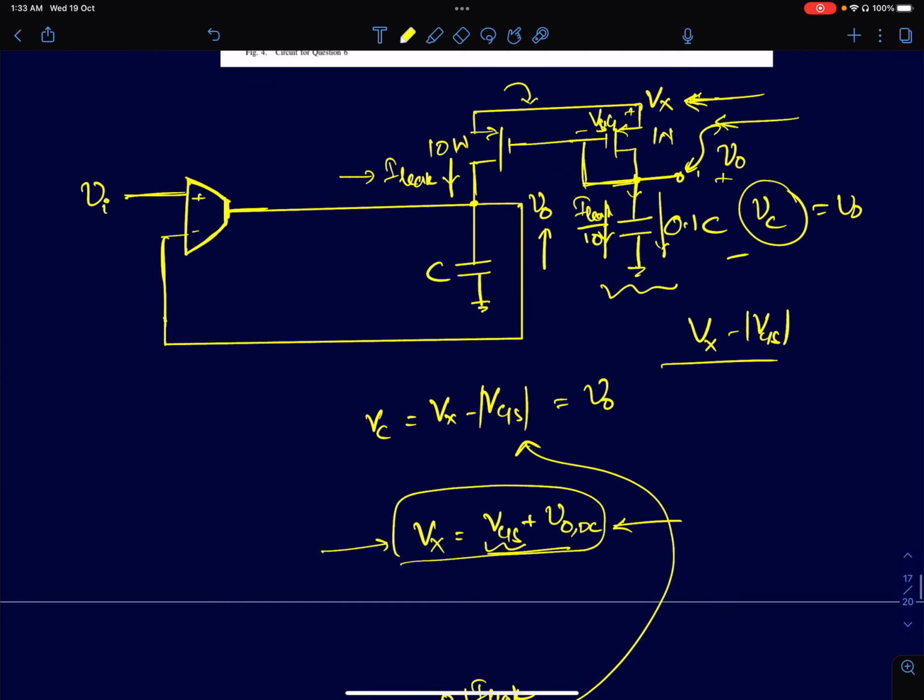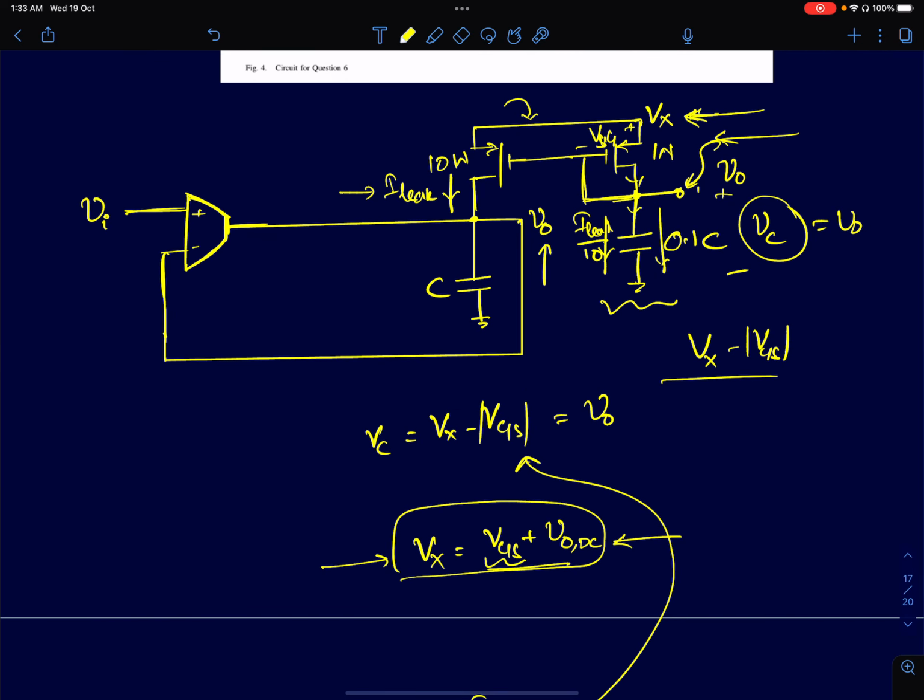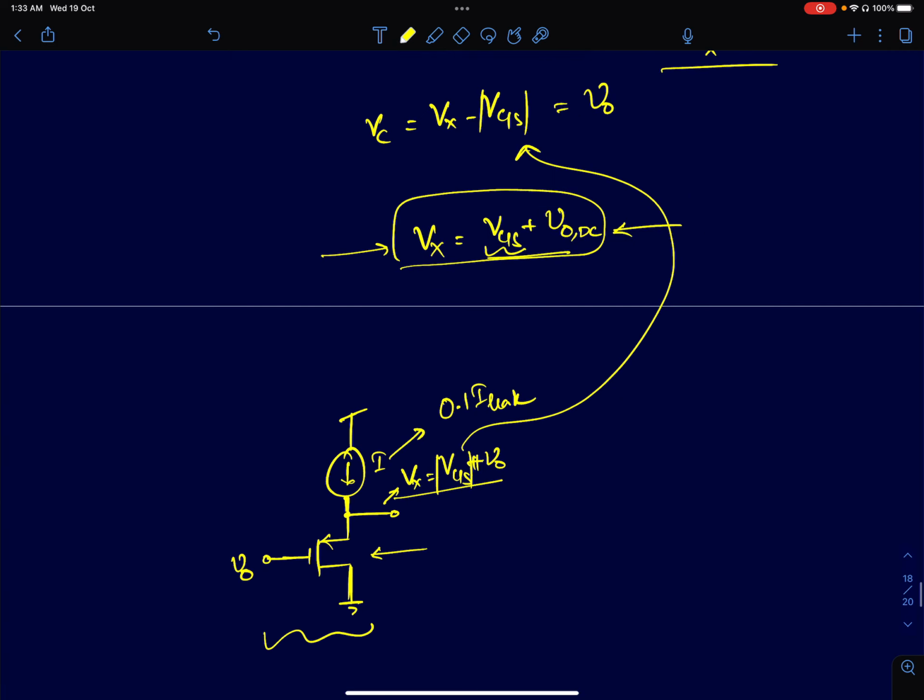Remember, this device is carrying a current of 0.1 times I leak. So if I ensure that the same current is flowing in another PMOS and I choose similar dimensions for this MOSFET, then I'll end up getting the same VGS for this MOSFET. So this will be the same mod VGS, plus and minus.